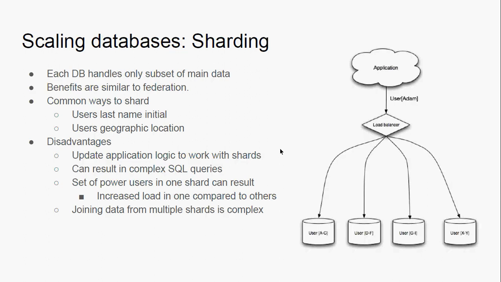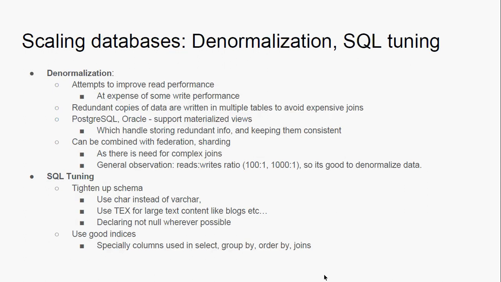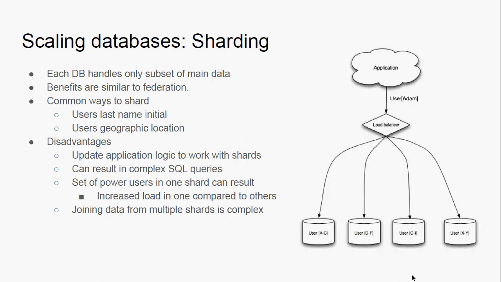So typically you do either federation or sharding to split the data and apply this master slave, and along with that you will also denormalize the data to improve read performance. When I say denormalization, you will have some databases sitting next to here.